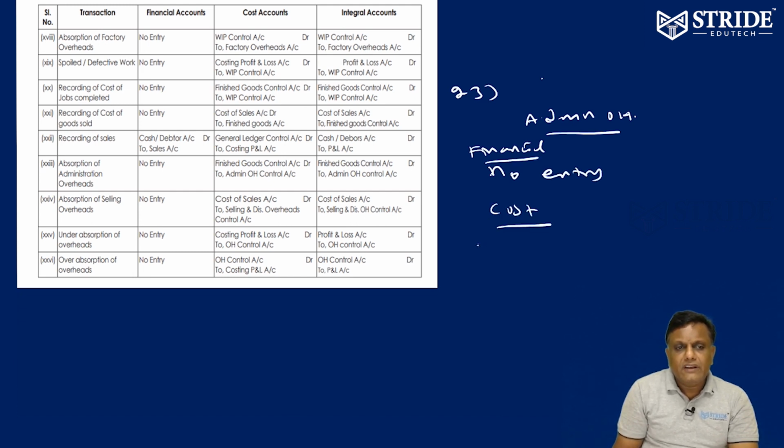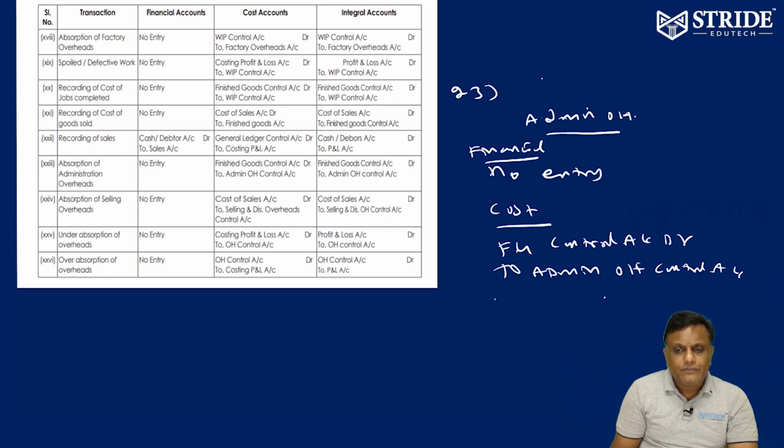In cost, absorption of admin overheads, which means it is transferred to admin overhead control, credited to admin overhead control. So FG control account debit to admin overhead control account. Whenever there is any absorption of respective overhead, that overhead is to be credited. Here admin overhead is recovered, so admin overhead to be credited and FG to be debited.